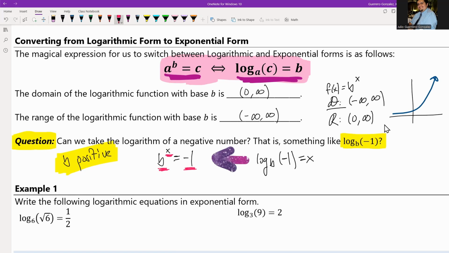If b is positive, there is no way I can choose an x that makes this equal to -1. Hopefully you guys see this. This statement can't happen. Cannot happen.